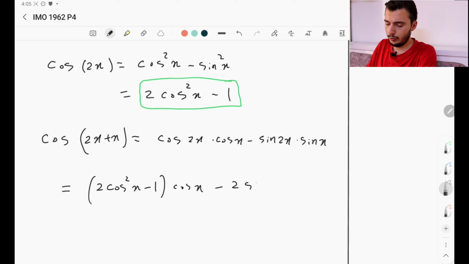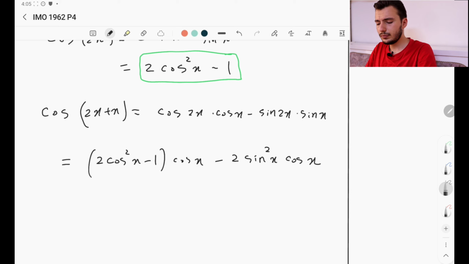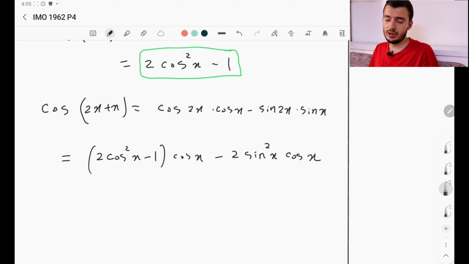You also need to memorize this one. So it's just, now, sine x squared times cosine x. The same thing here: everything is cosine, but we just have a single sine squared, so we can get rid of it and write it as cosine squared.